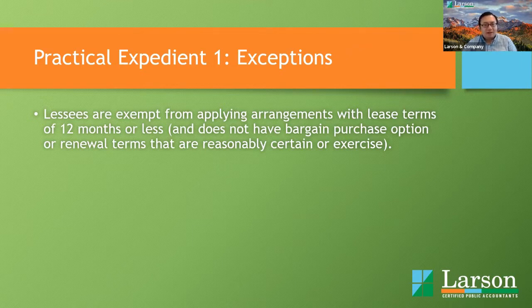A lot of people think, hey, this guidance doesn't apply because my lease is shorter than 12 months, so I don't need to worry about it. You do though, if you apply this. Remember that this is a practical expedient, so you are still required to disclose that you're using this for your lease guidance in your footnotes of the financials.